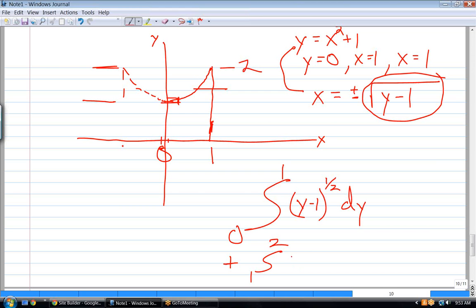So the outside radius squared minus the inside radius squared dy. So that should give you the same exact volume between those two integrations.